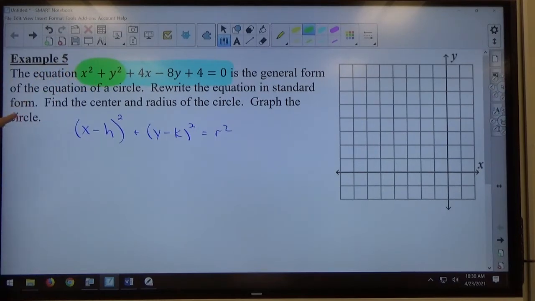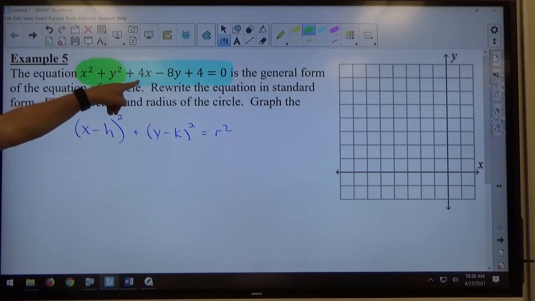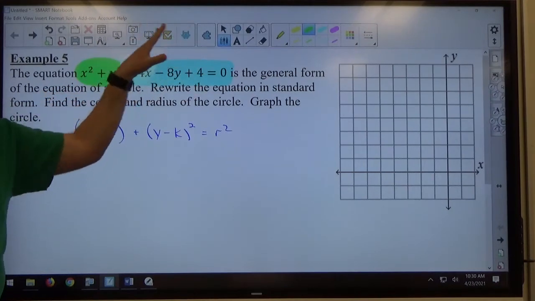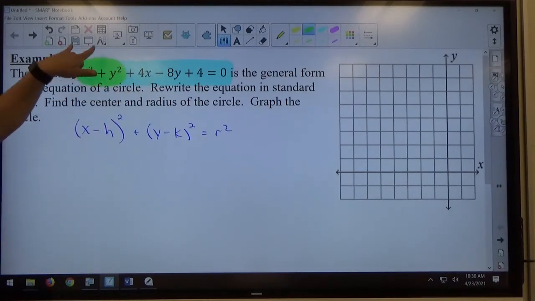If it is that, fine. If it is not 1x squared and 1y squared, your very first step will be divide by whatever's in front of x squared and y squared. So if it said 3x squared plus 3y squared, you divide everything by 3. Even if it makes 4/3 and 8/3 and 4/3, if ugliness shows up in your problem, 1x squared and 1y squared is required to be able to do this. So if it's not that way, make sure that's your very first step.